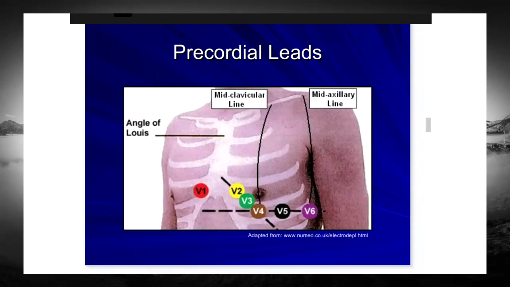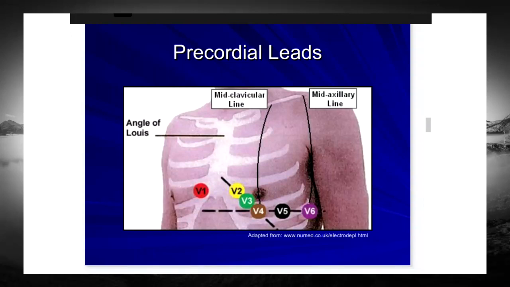The midclavicular line is important. The angle of Louis is where the sternum meets the manubrium, and it has a little notch at the bottom of it, okay? You'll feel that. That's where you start. Then you go to the midclavicular line and go down right below the nipple to get V4.